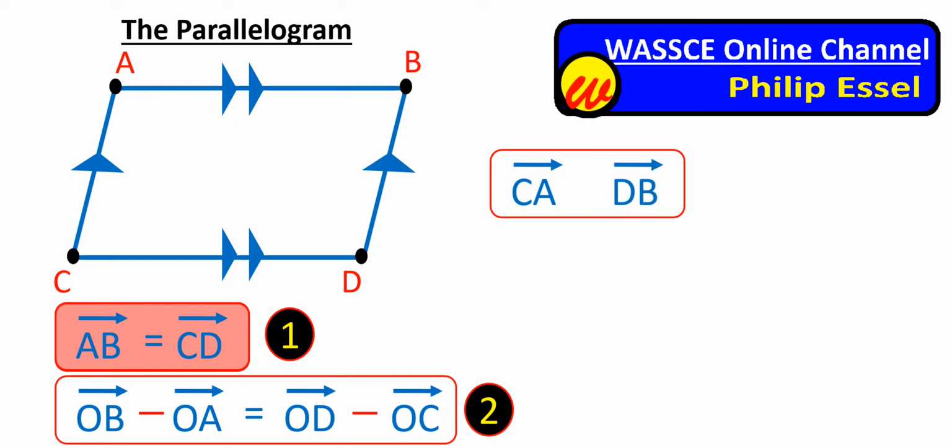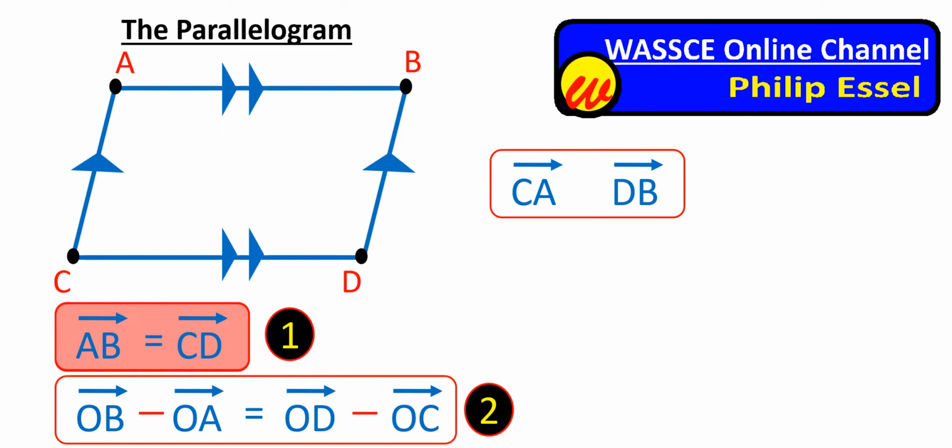Now, what can we say about the relationship between these two sides of the parallelogram? First, let's note that they are opposite to each other. So if they are opposite to each other and they are parallel to each other, what it means is that they are also equal.